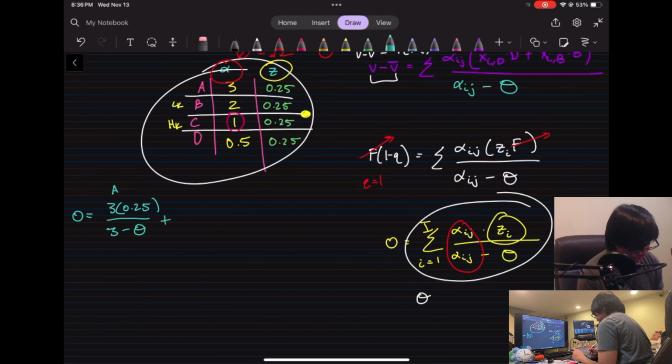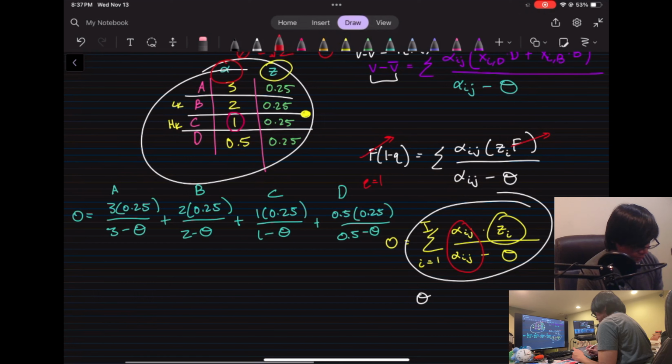Adding, since it's a sum, so now it's 2, and then this gets repetitive here. So 2 minus theta, 2 more components, so this is B, and this is C. 2 is 1, 0.25, then relative volatility is 1, last component D, and this is 0.5, constant relative volatility, equimolar, so they're all 0.25, and then 0.5 minus theta. So this is what we're doing in root solver.